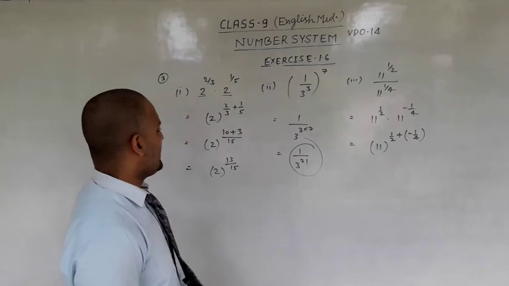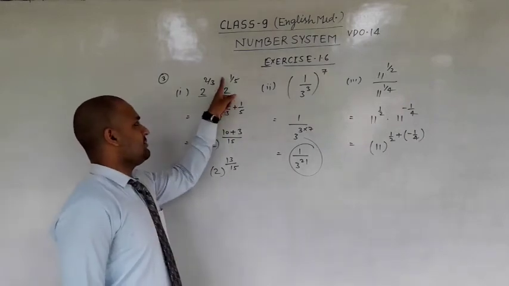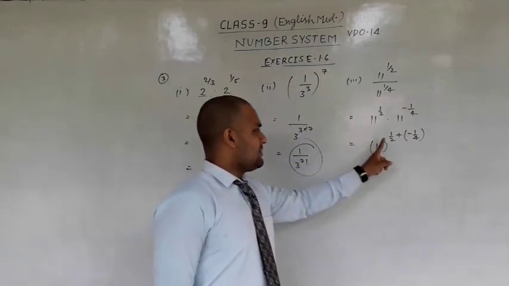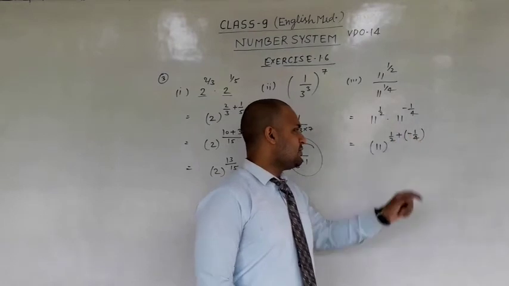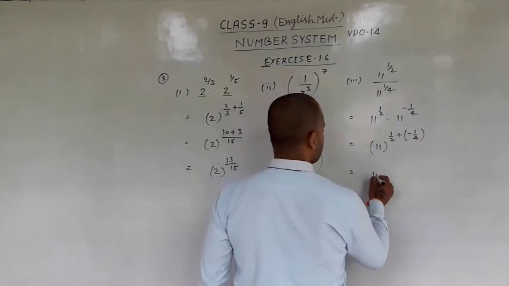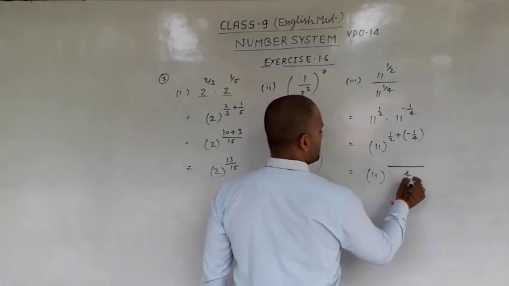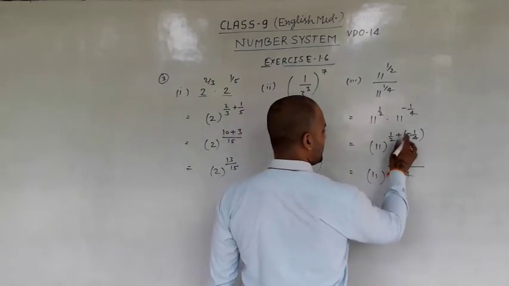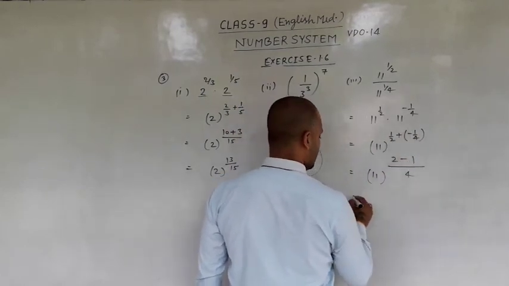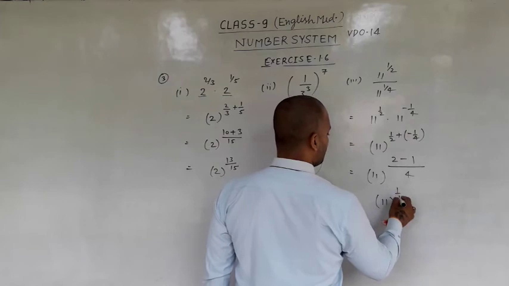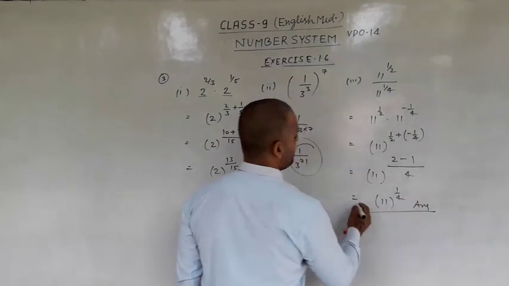If the bases are same, then the powers will be added, and this one is negative. So please take the LCM, which is 4, 2 twos are 4, plus minus 1. The answer will be 11 to power 1 by 4.